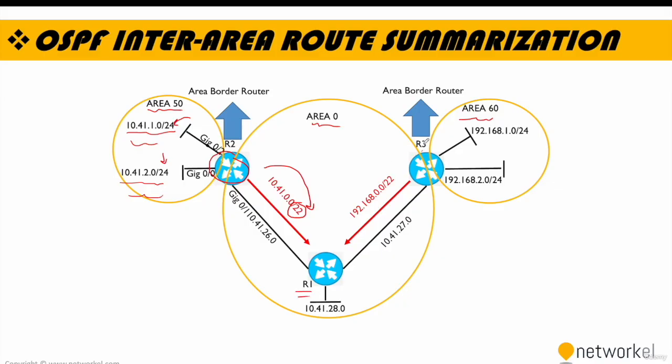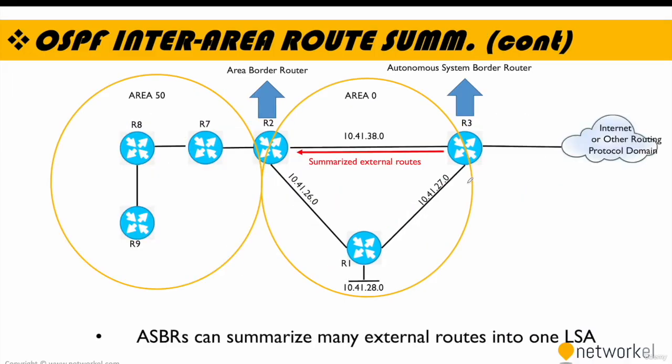The same applies to router 3, connected to area 60, which can summarize its two routes as a single route with a smaller subnet mask covering both. On the other hand, as I told you, ASBRs can summarize many external routes into one LSA, and that was LSA type 5.